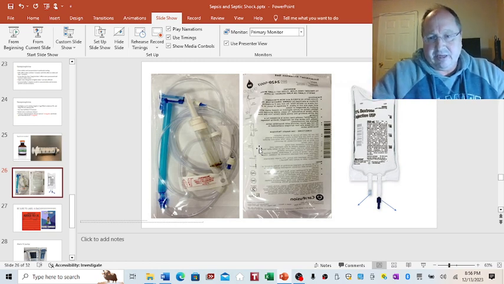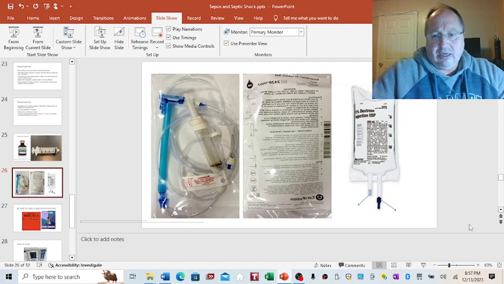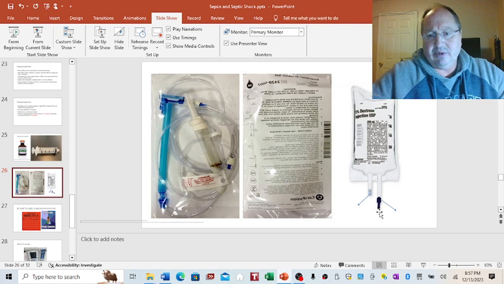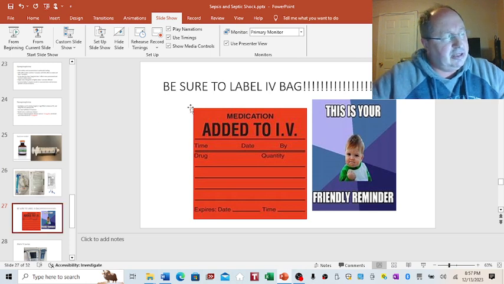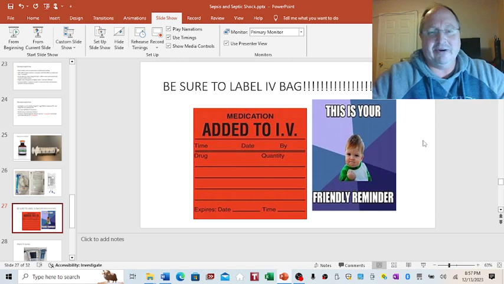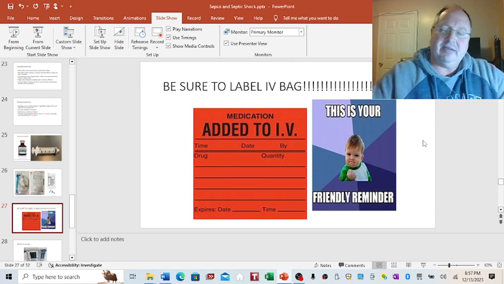This is your 5% dextrose over here. Of course, the IV bag, the one with the blue cap, that's where you're going to plug your tubing in. And then the other port, that's where you're going to put your medicine in, okay? And for God's sakes, label your bag. Label your bag. It's just a friendly reminder. You put something in a bag of fluids, you better label it.